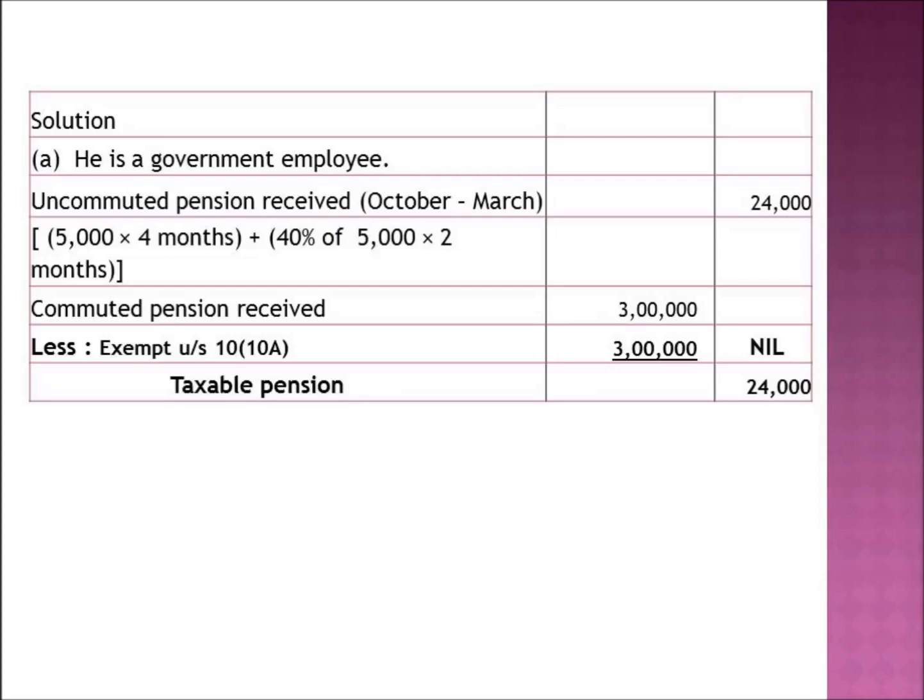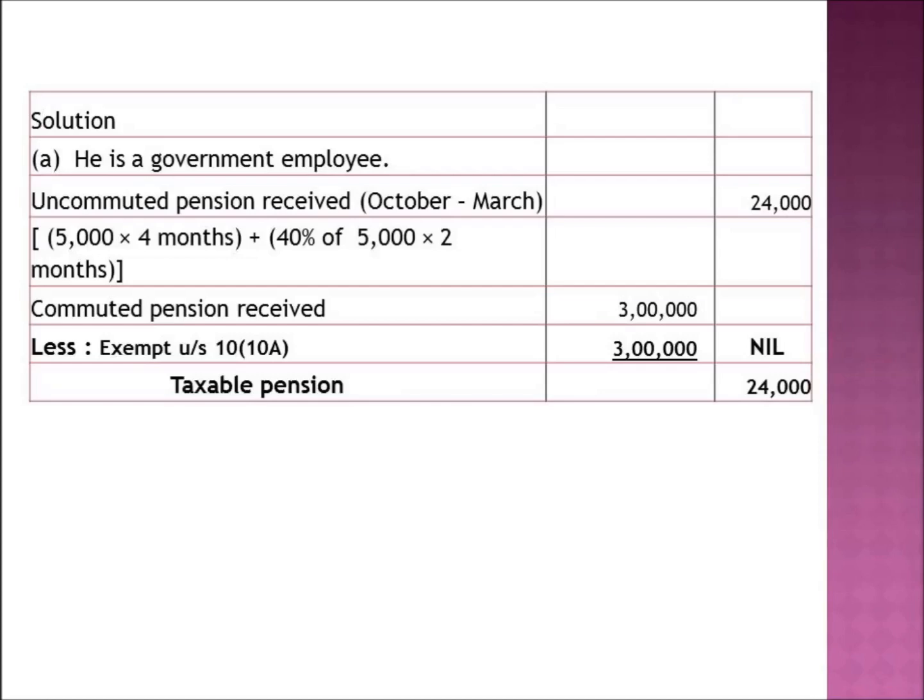Now we come to commuted pension. It was given that he commuted 60% of his pension and received a lump sum amount of rupees 3 lakh. So commuted pension received by him is rupees 3 lakh. Now in case of commuted pension, it was given in the chart that we studied that if an employee is a government employee, then the commuted pension received by him is fully exempt from tax under section 10(10)(a).